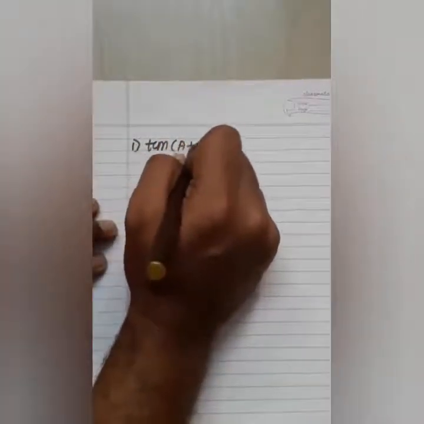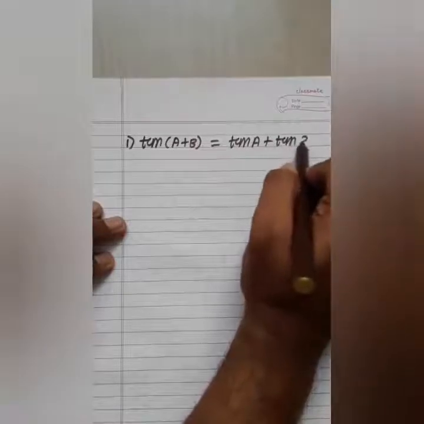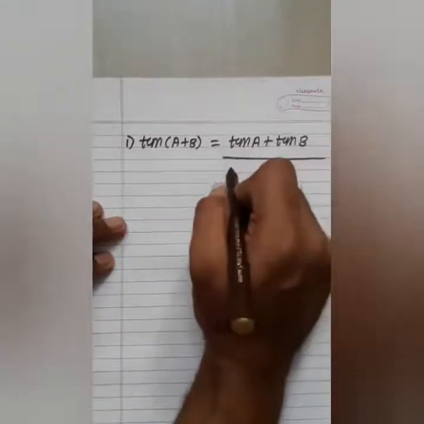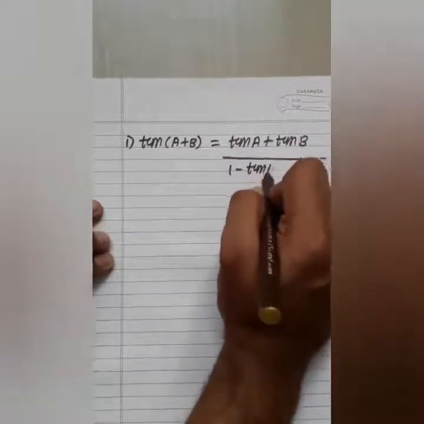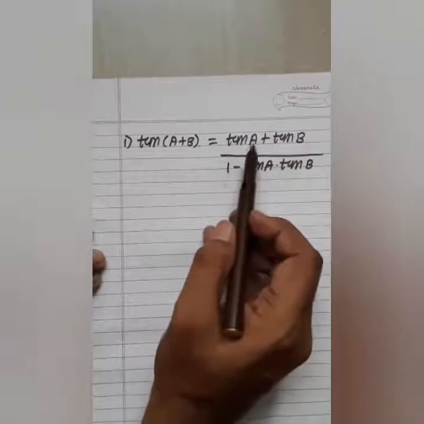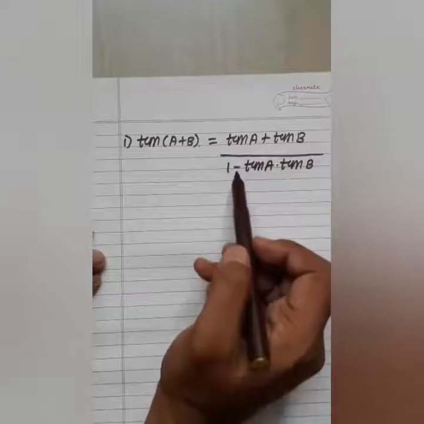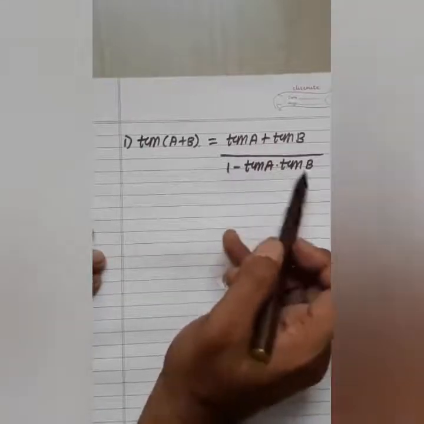So first of all, the formula of tan(A+B). Tan(A+B) is equal to tan A plus tan B upon 1 minus tan A into tan B. In the numerator a plus sign is present, so in the denominator we change the sign: 1 minus tan A into tan B.